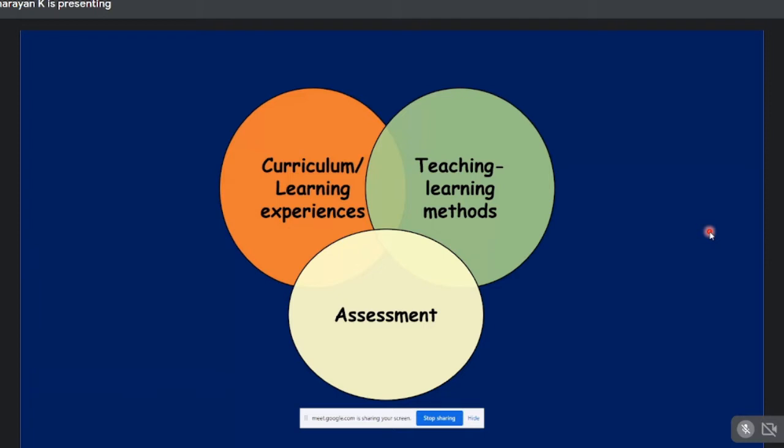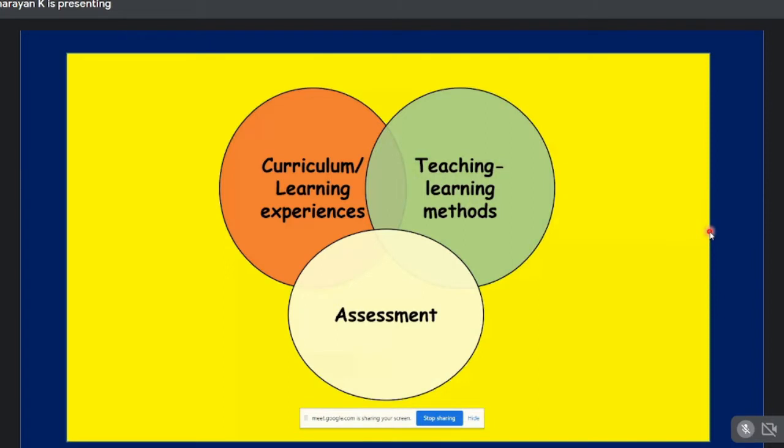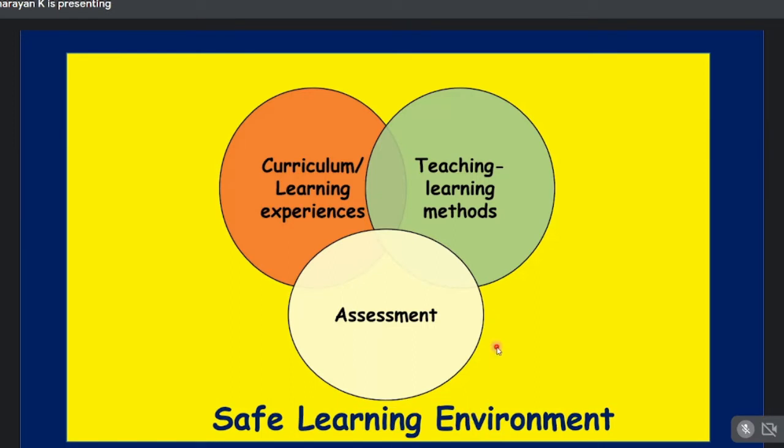What we often forget is that these three circles exist in a safe learning environment. If these three circles have to be effective, if these three circles have to contribute effectively, they must happen in this big square.